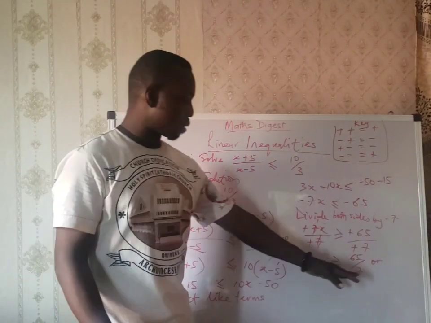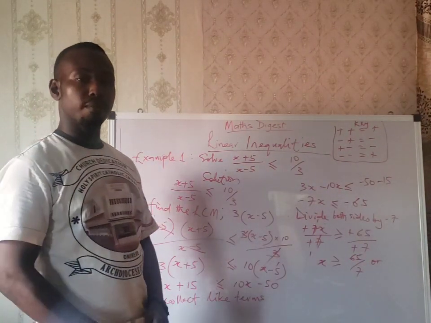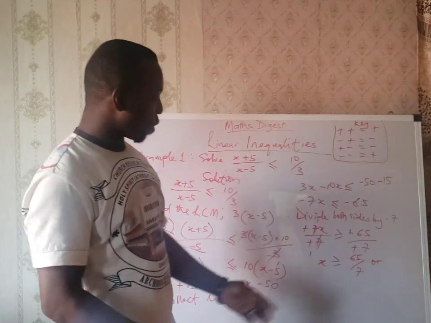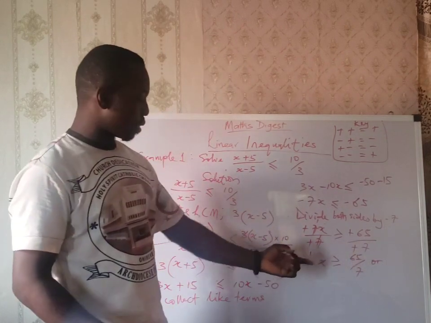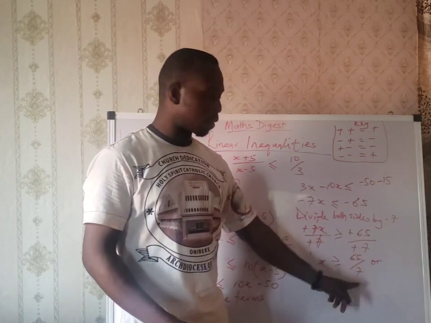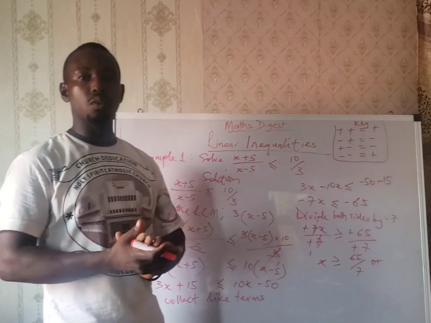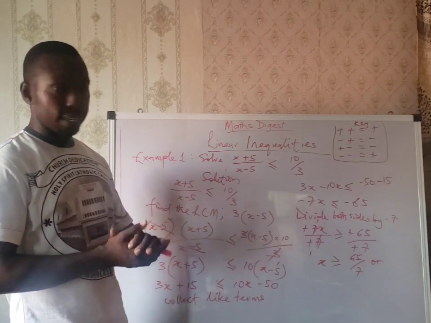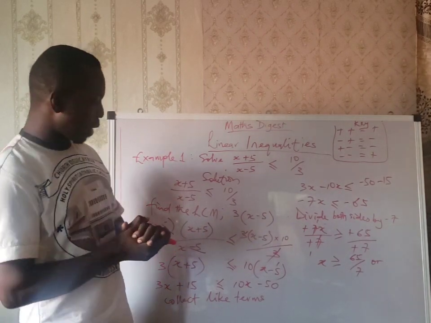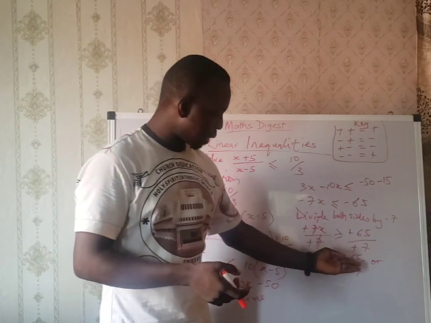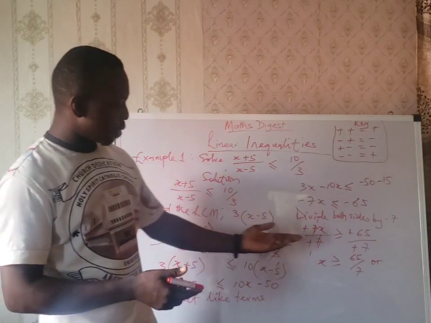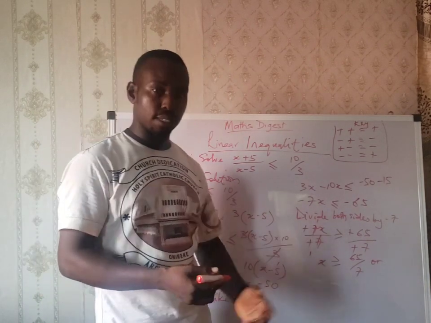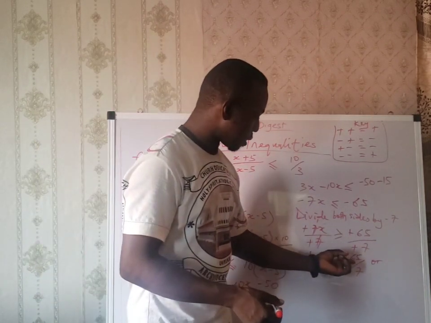Now we're going to divide this. For 7, we look for a number less than 65 that 7 can divide. We can say 9: 7 multiplied by 9 gives 63, and 63 is less than 65.